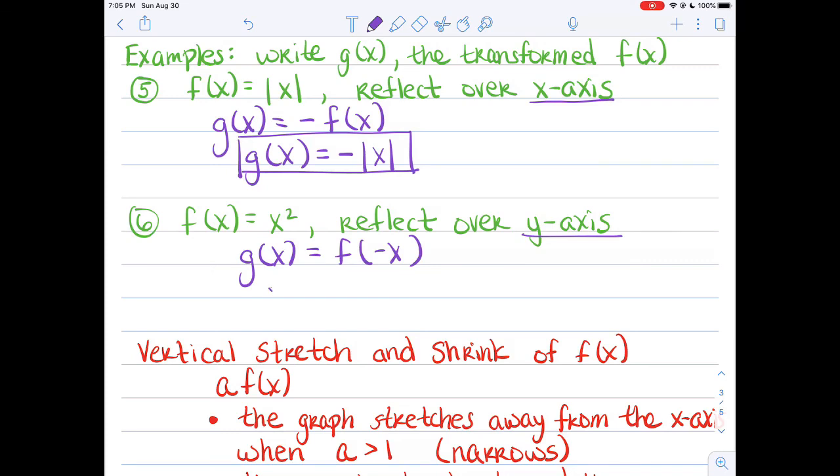And so g of x is equal to, for our parent function x squared, it's going to be x with a negative sign on it right there inside the grouping symbol, and then don't forget to put the squared there because we did start with a quadratic parent function.